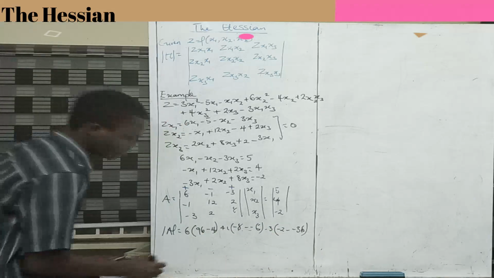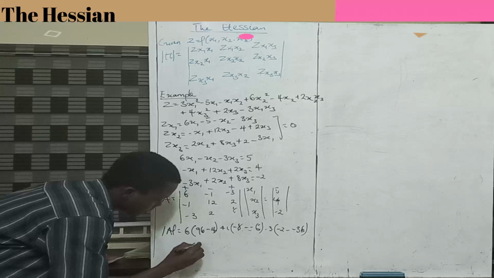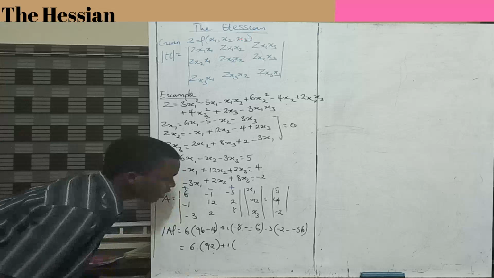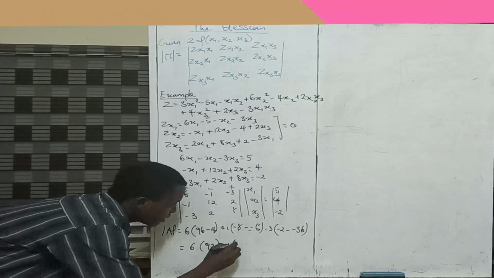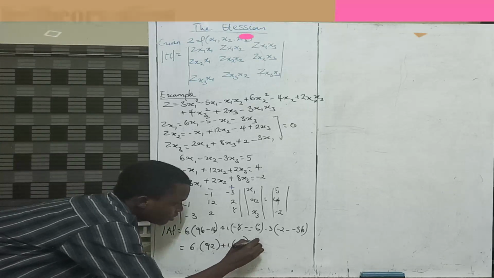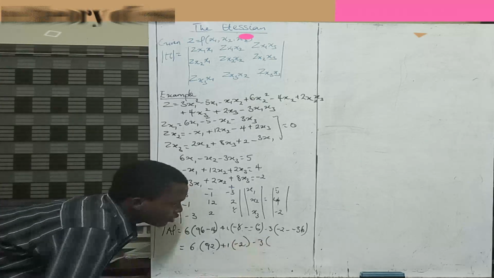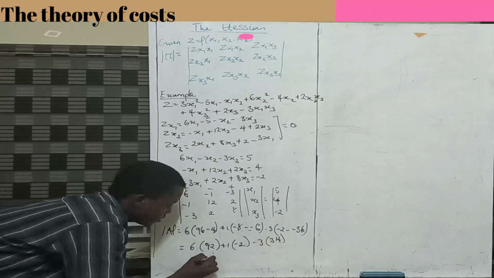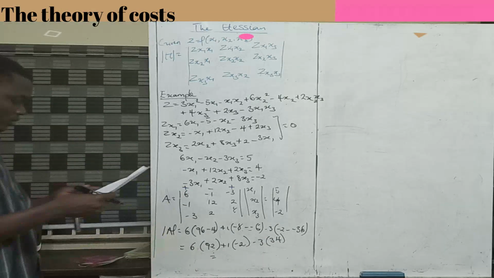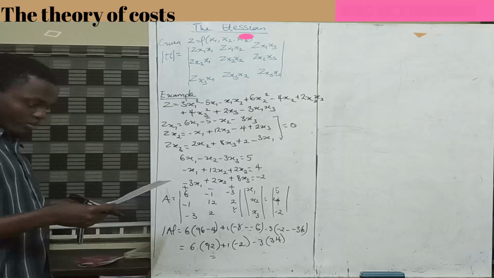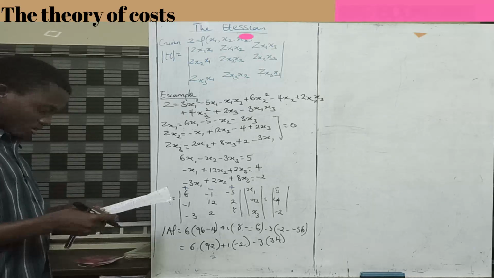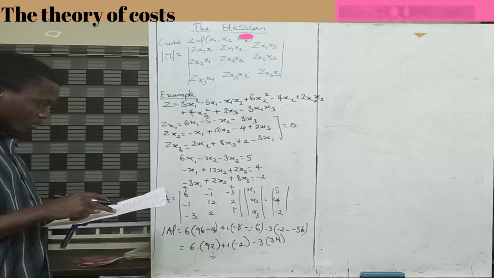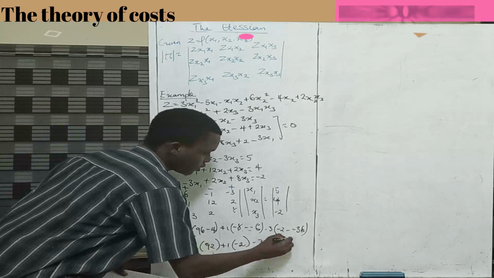So the determinant of A equals 6 into bracket 92, plus 1 into bracket minus 8 plus 6, that's minus 2, then minus 3 into bracket minus 2 minus minus 36, that's 34. So the determinant of A is 6 times 92, 1 times minus 2, minus 3 times 34, equals 448.